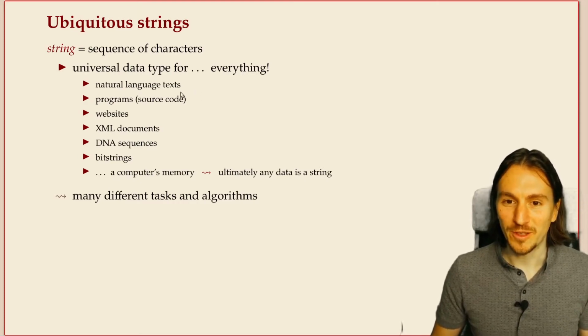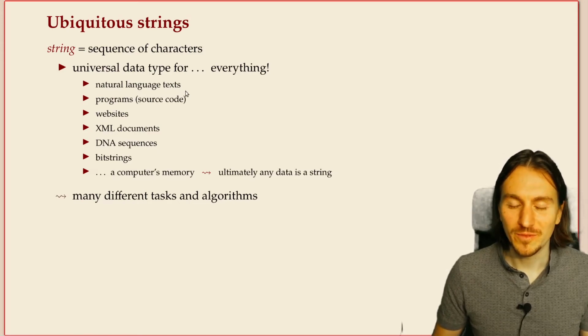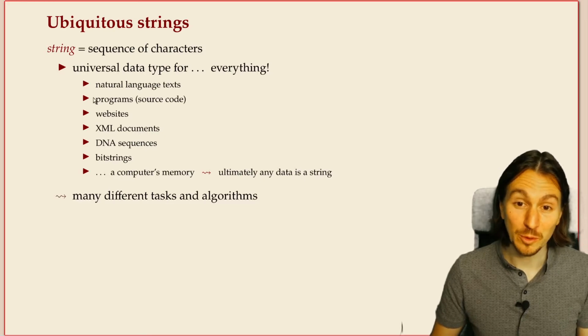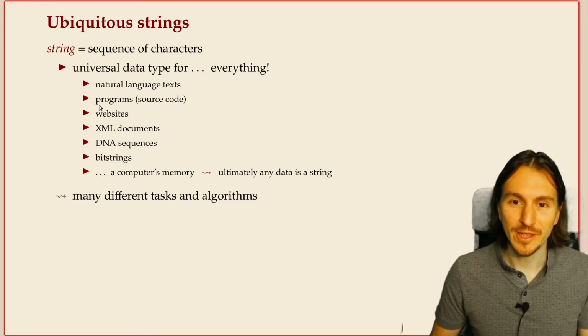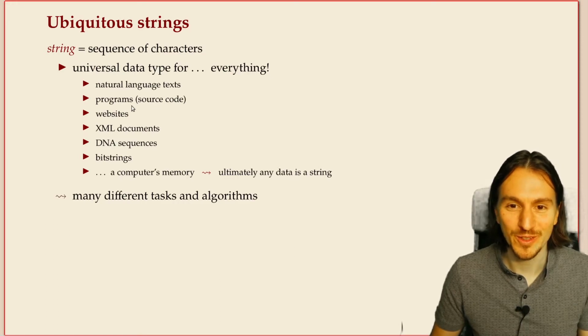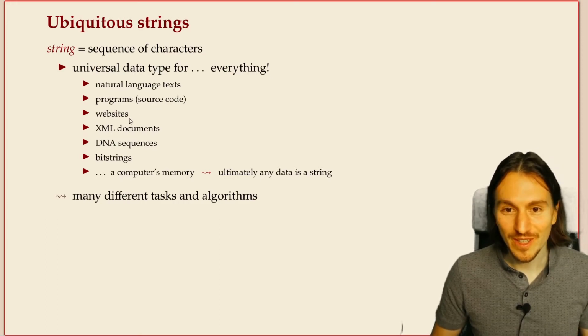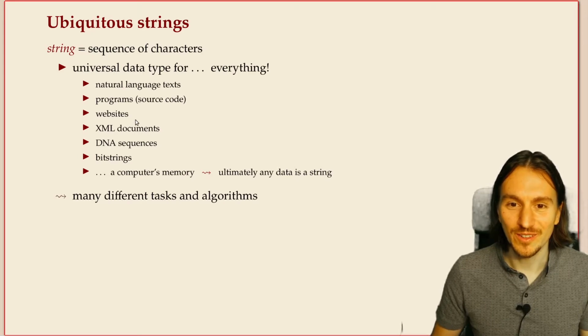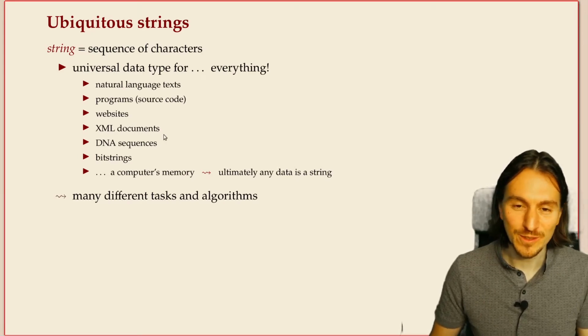Of course, we have natural language texts, just English text or text in any other natural language. But we also have programming languages, and well, the text in programming languages are source code. We have websites, HTML at the end is all just text. We have XML documents.